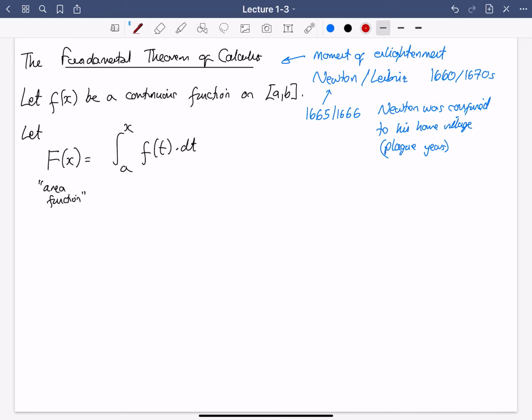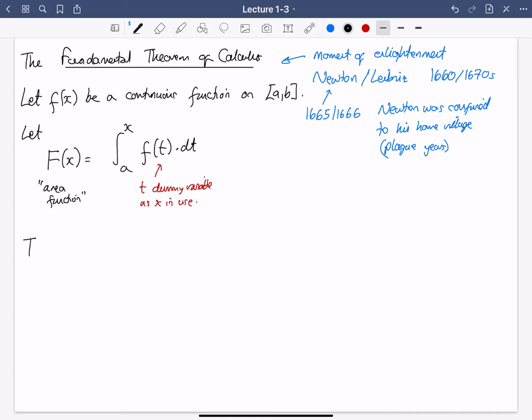So this t here is just a dummy variable, as x is in use at this point in the proceedings. That's not a big deal. I'm just switching to a different letter so that I don't have too many x's. So it's the area under the graph from a to x. This number is the area function big F at x.